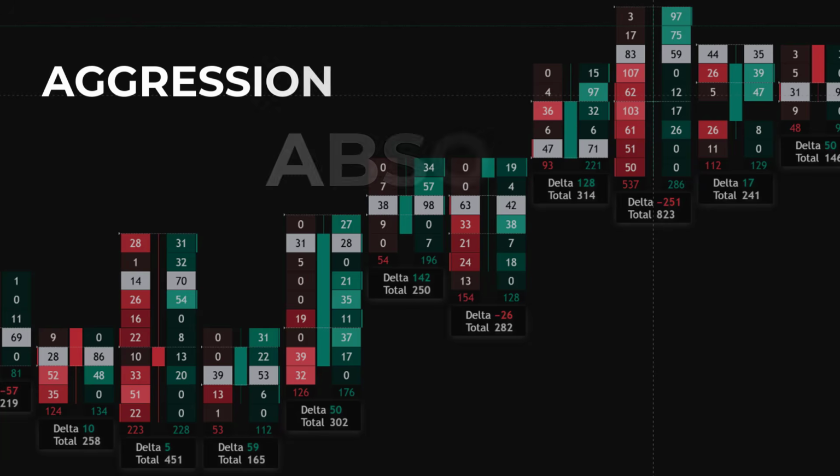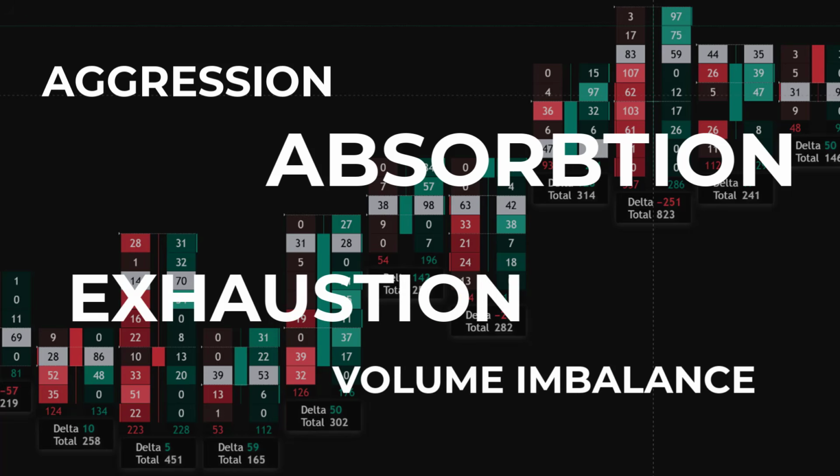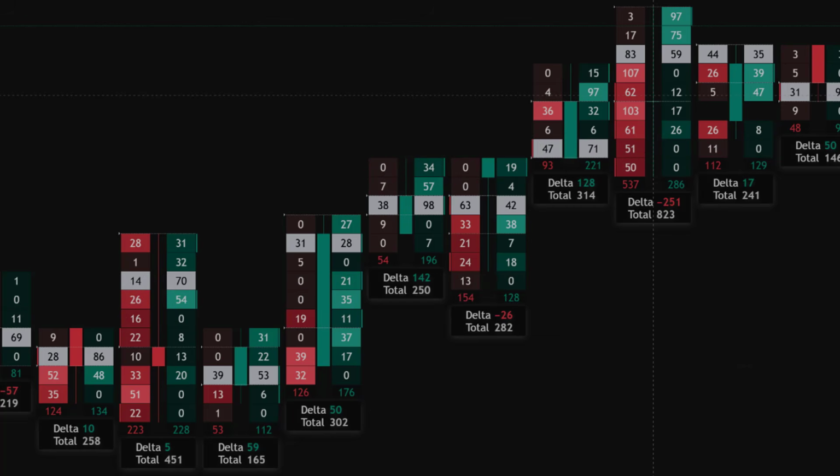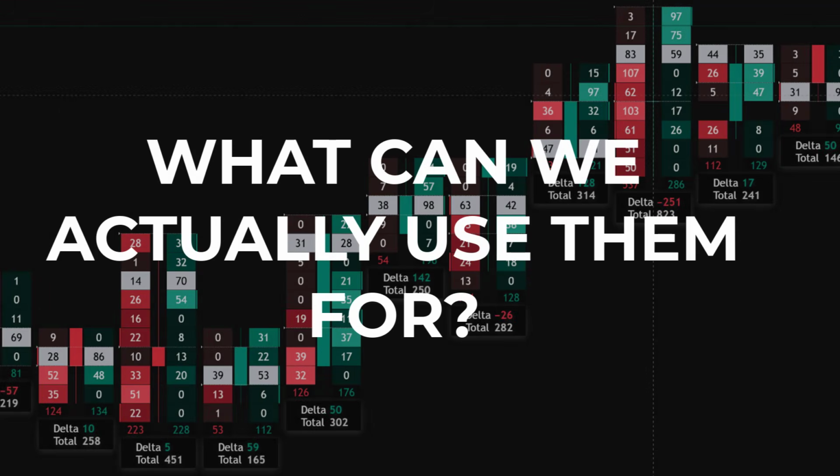Footprints show aggression, absorption, exhaustion, and volume imbalance, all things a regular chart can't. So if you want more precision in your timing, confirmation, understanding what's going on under the hood, footprint charts can be very useful. So what can we actually use them for?